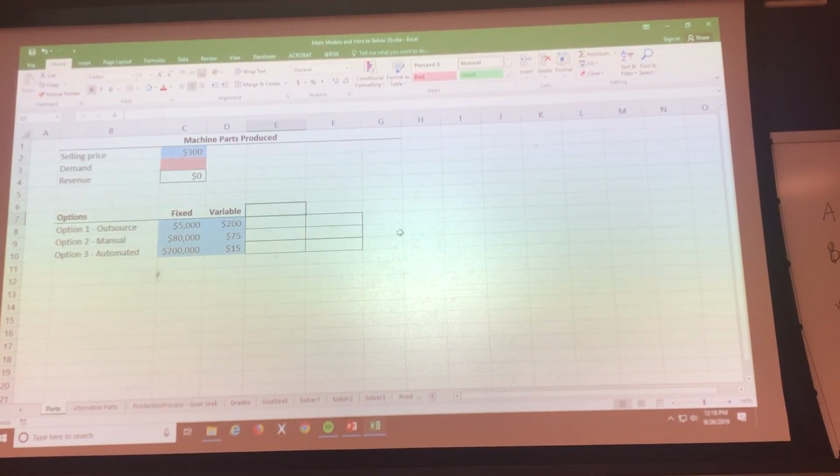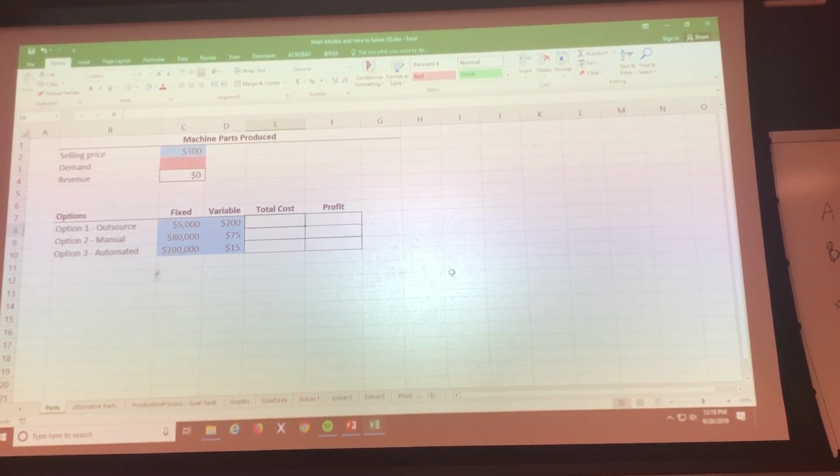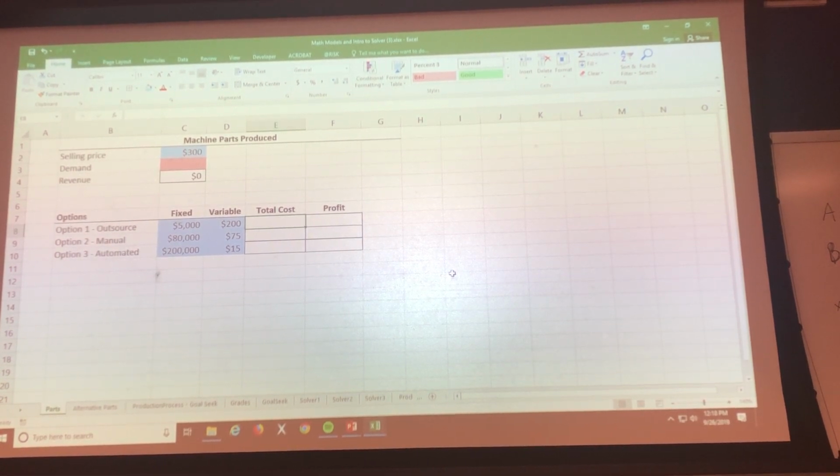Now, from this, we'd like to figure out what total cost is, and therefore, what profit is. I mean, that's what we would like to figure out now that we know what we have here. Okay, so every piece of information we have off the PowerPoint is here. We have everything that we need.